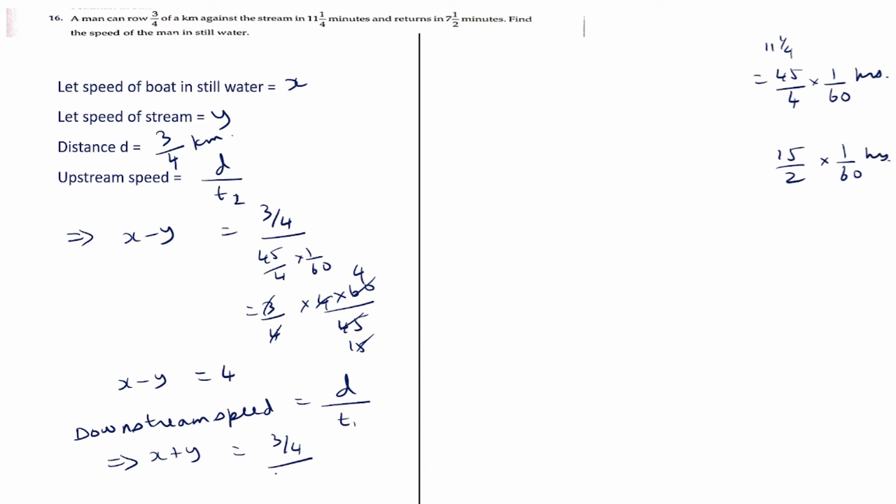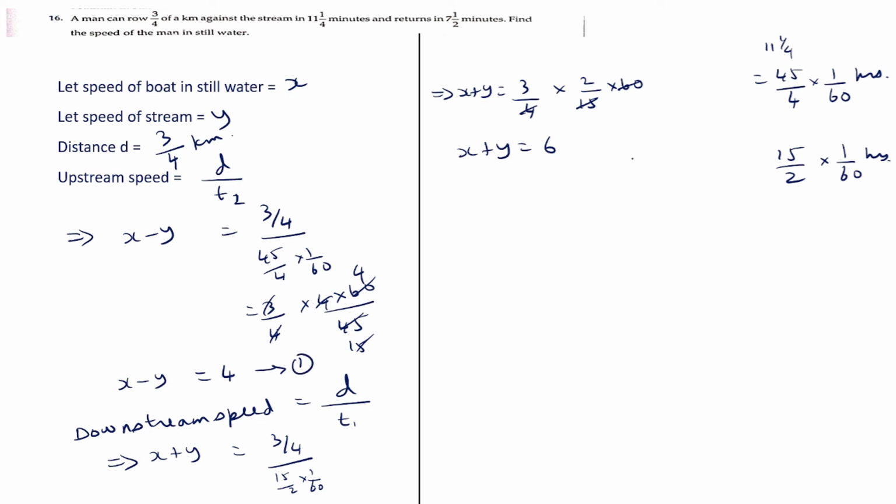So it is 3 by 4 upon 15 by 2 into 1 by 60. So we get x plus y as 3 by 4 into 2 by 15 into 60 by 1. So 15 fours are 60. We get x plus y as 6.